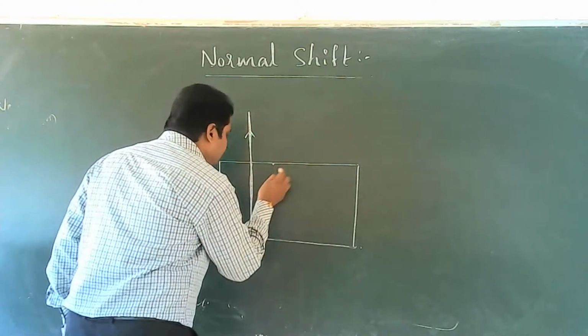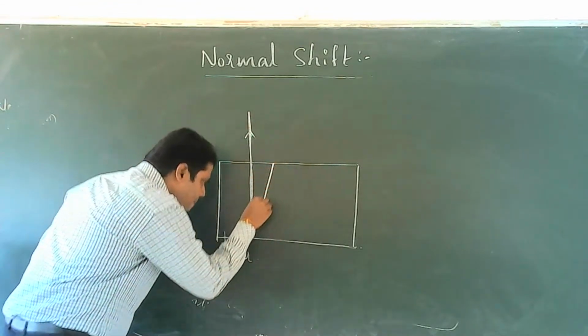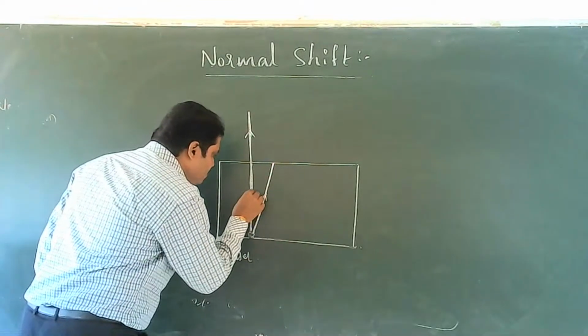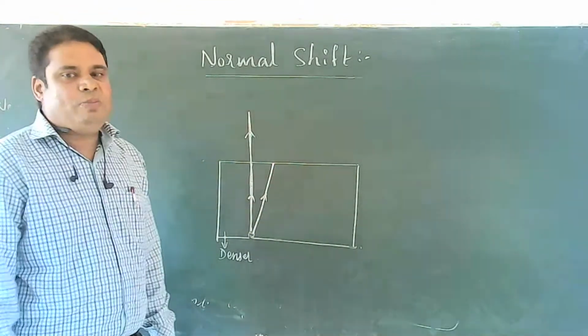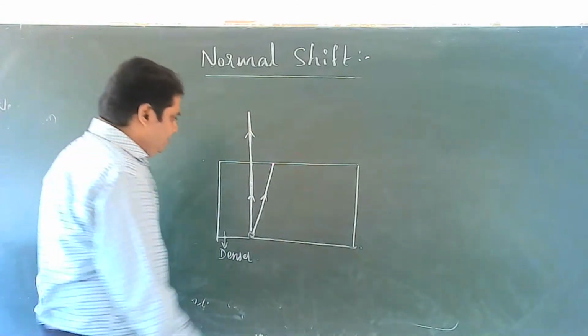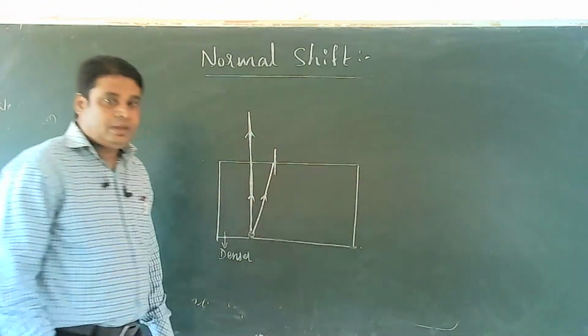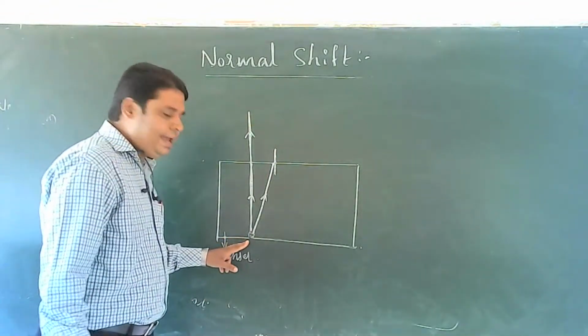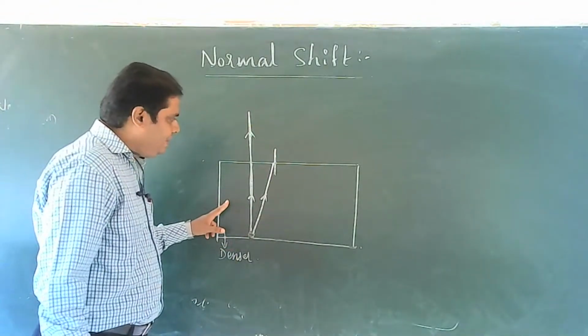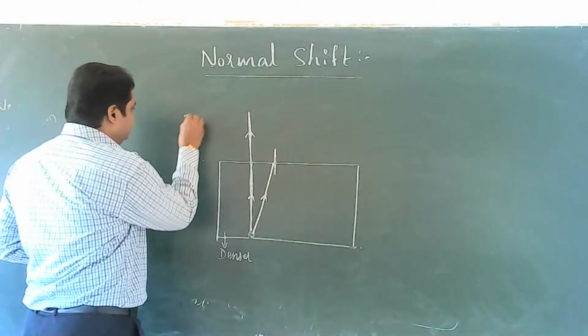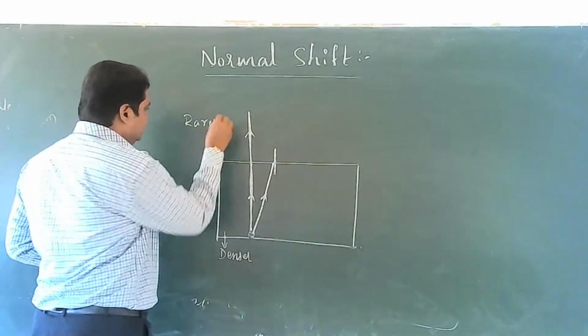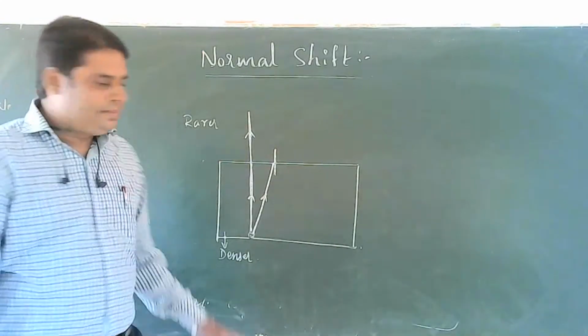Let me consider one more ray, incident obliquely. Let this be the normal. We know this ray is traveling from denser medium to rarer medium. This is rarer medium, say air.